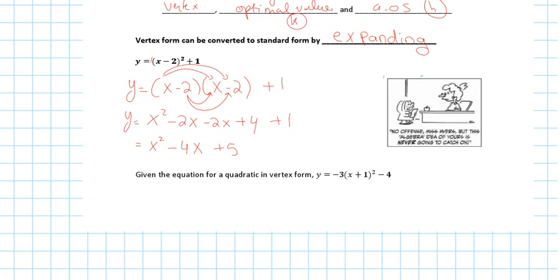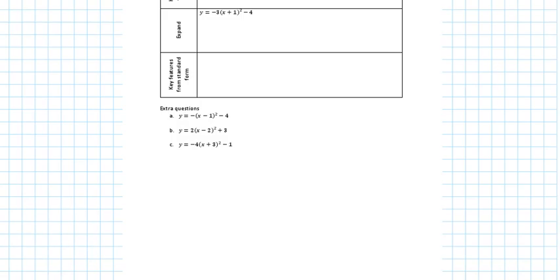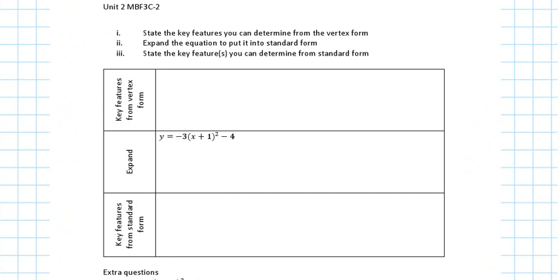All right. So we have the next question. So we have the equation in vertex form, y equals negative 3 (x plus 1) squared minus 4. And the question is on the next page. So we're going to state the key features that we can determine from the vertex form, expand the equation to put it in standard form, and state the key features that you can determine from the standard form.